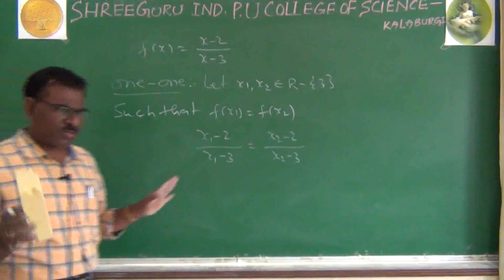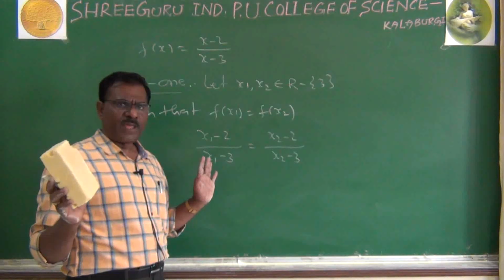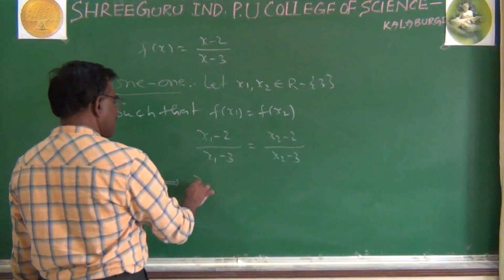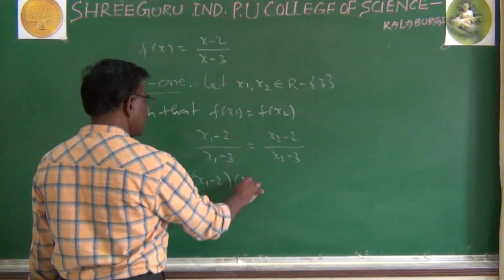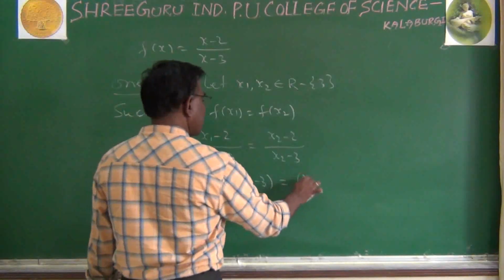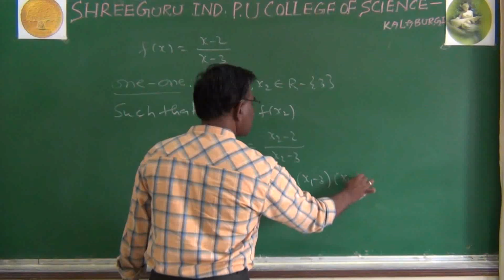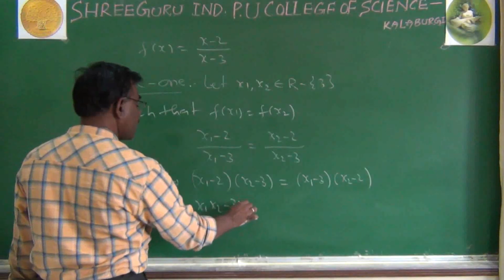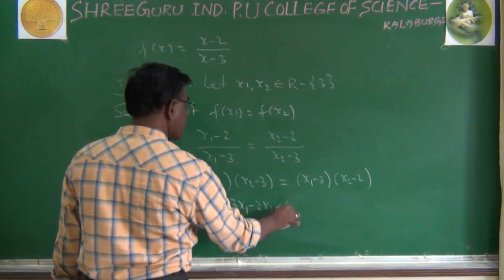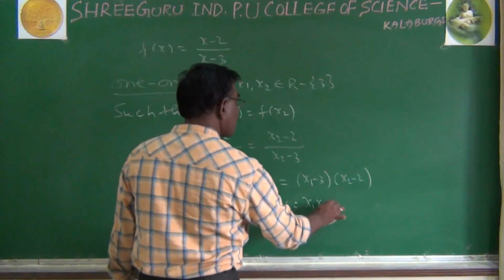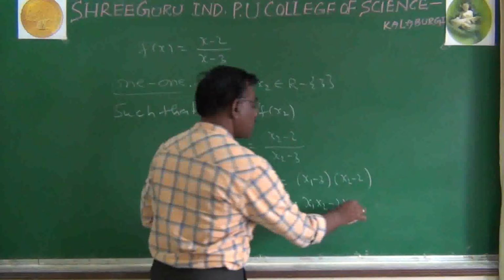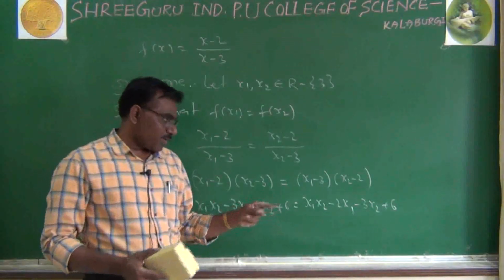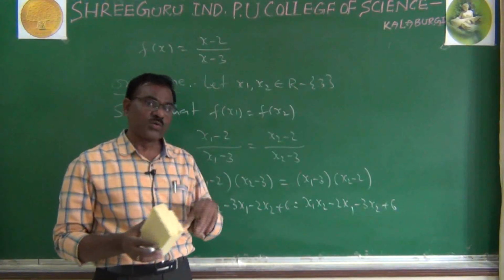So it must come out as x1 equal to x2, otherwise we cannot call it one-one. So we will check it by cross multiplying: x1 minus 2 times x2 minus 3 equals x1 minus 3 times x2 minus 2. Multiplying, x1 x2 minus 3x1 minus 2x2 plus 6 equals x1 x2 minus 2x1 minus 3x2 plus 6. Just cross multiplying. You only have to prove x1 equals x2.